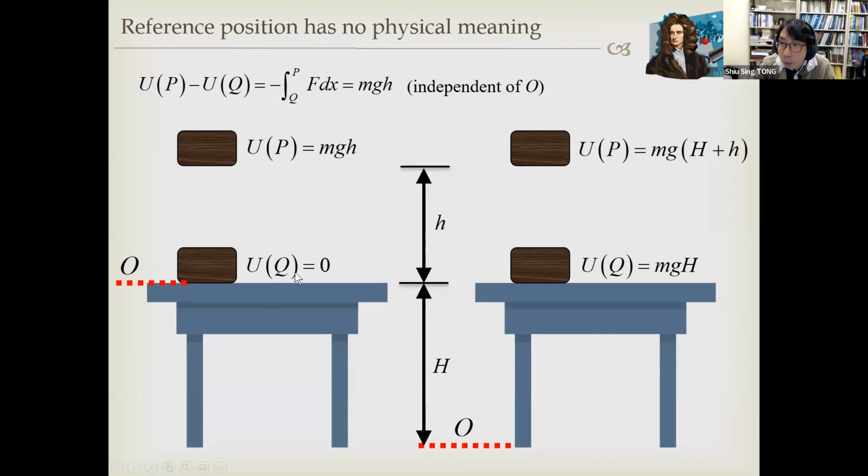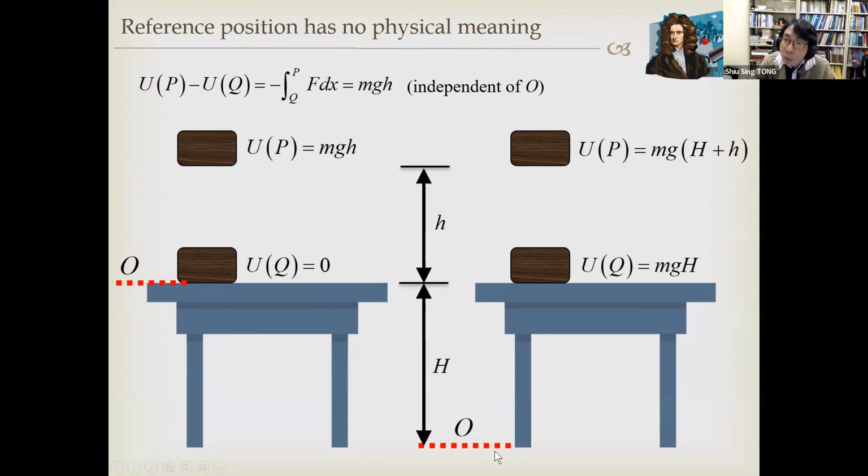This is my UQ. And after I raise the apple, because it now has the height h above the reference position, its potential energy is mgh. And the change in potential energy is mgh minus 0. And of course, that's mgh, right?